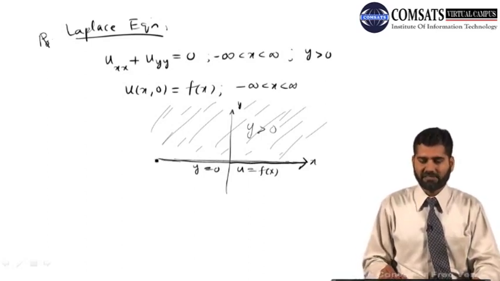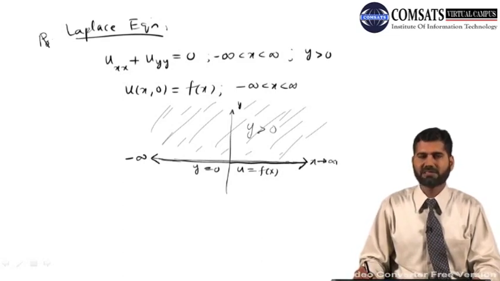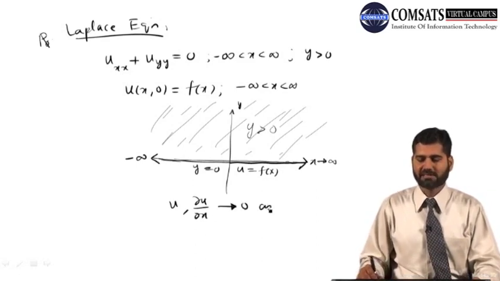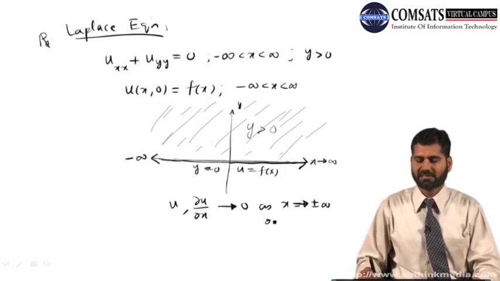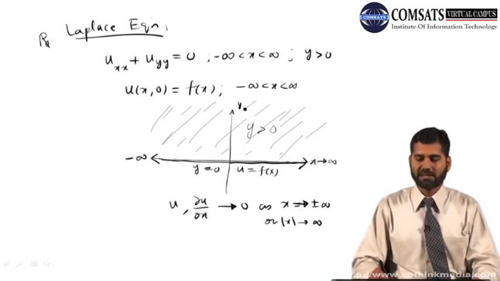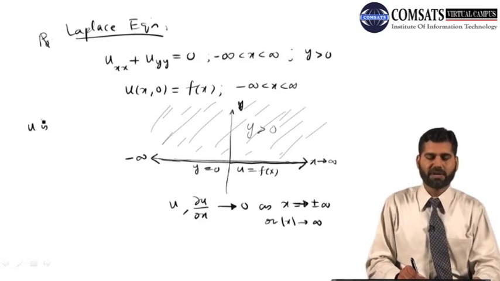But what is happening as x goes to minus infinity and as x goes to plus infinity? We say that u and partial u by partial x go to 0 as x goes to plus or minus infinity, or as the absolute value of x goes to infinity. Now, what is happening as y goes to infinity? u is bounded.